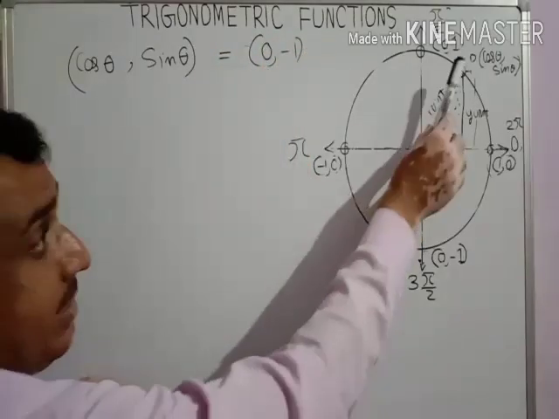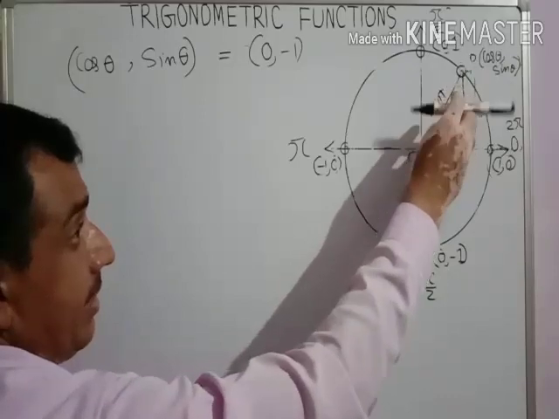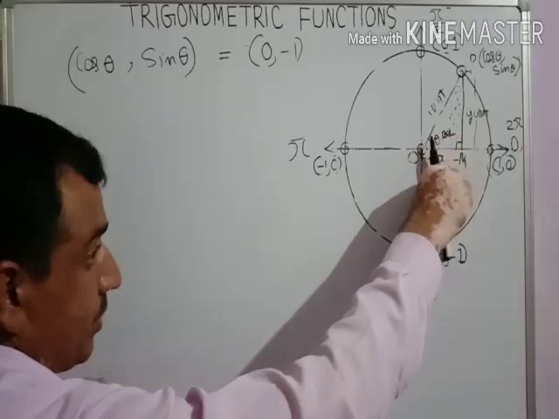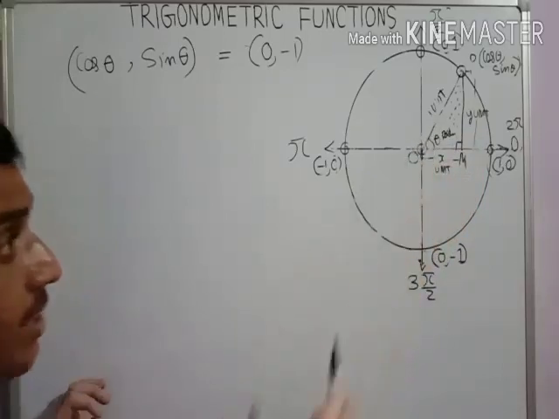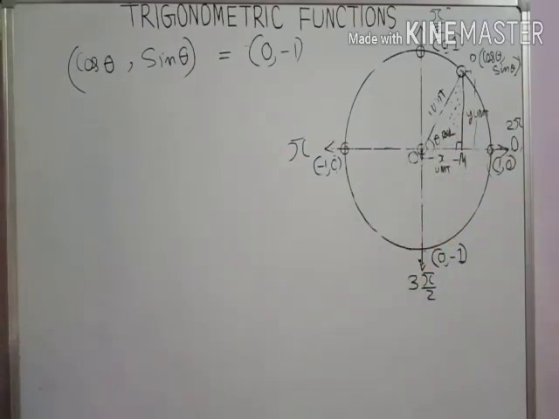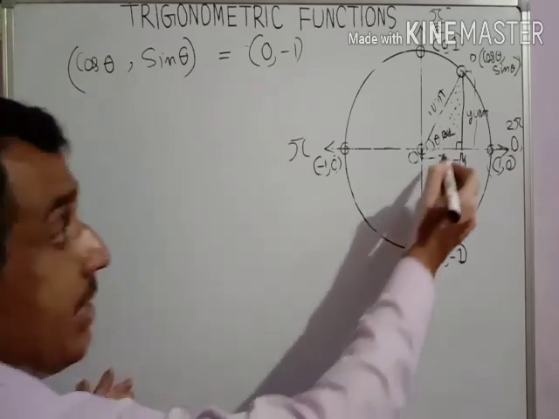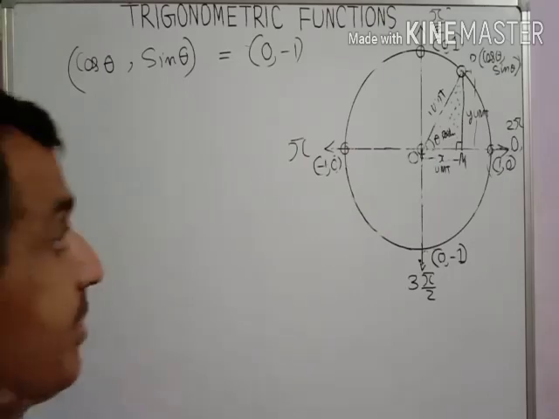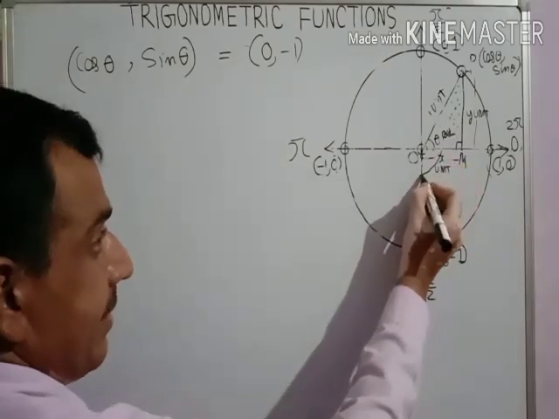This line started moving clockwise from this direction and it moves this way. It stops here. It covered a 90 degree angle or pi by 2 radians, but it is clockwise, so minus pi by 2 theta we are getting on this side.